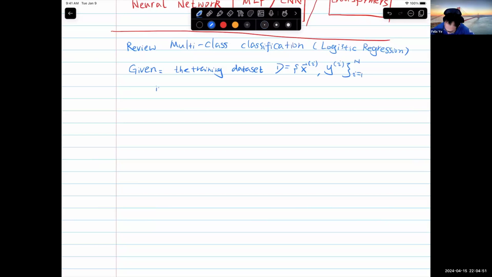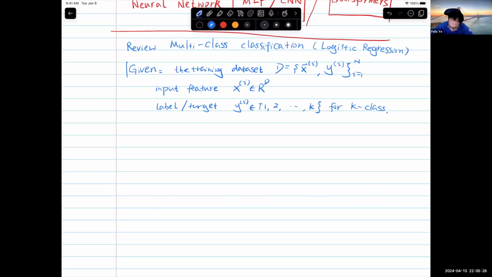The input feature x_i is in R^D. These are the features, and the target or the label y_i is in 1 to K, for K-class classification problems.